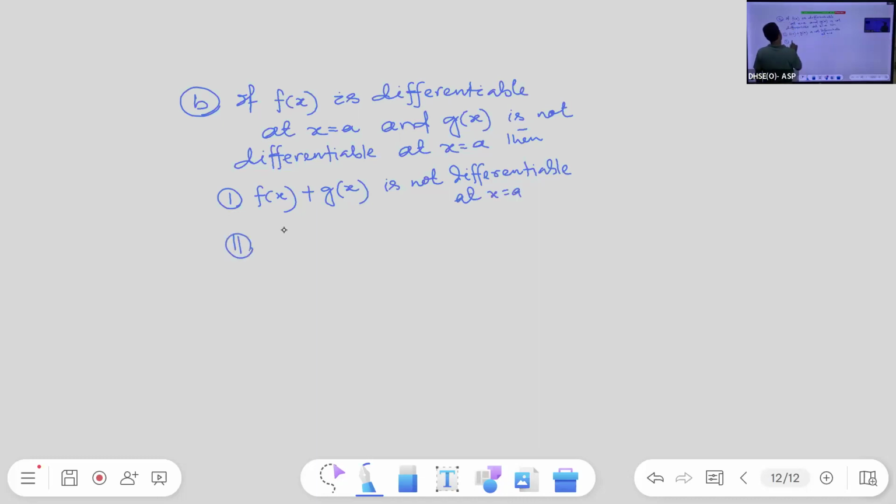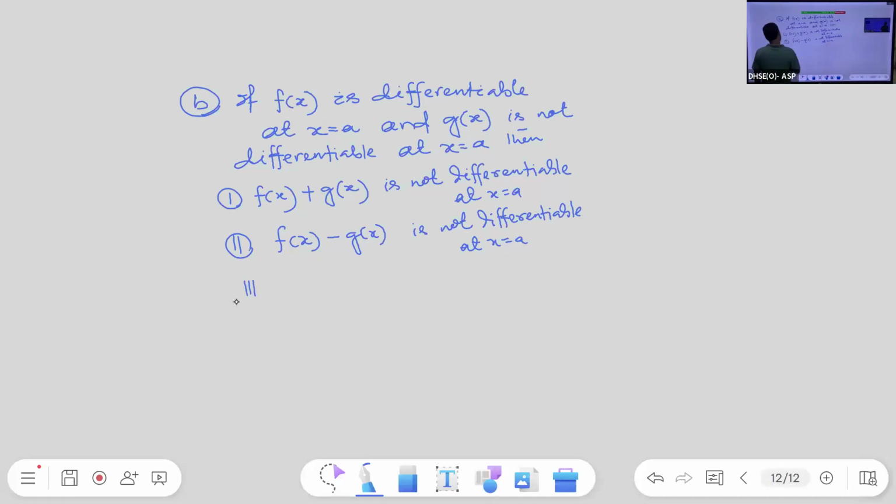Second, f of x minus g of x is not differentiable at x is equal to a.